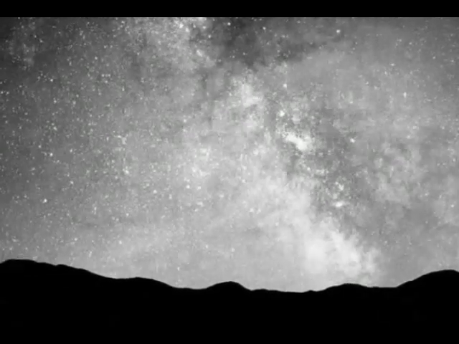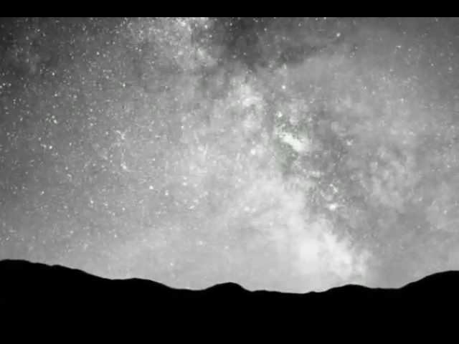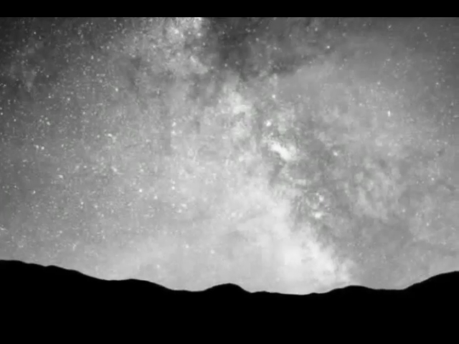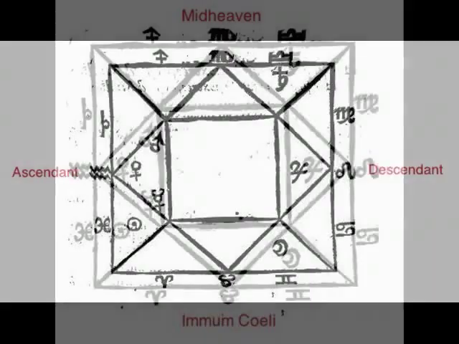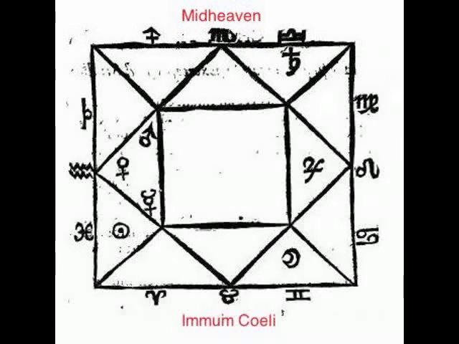The eastern and western horizons are located on the square chart in this way. The ascendant is in the east, the descendant in the west, although in the southern hemisphere this will be reversed. The midheaven and the imum coeli, the higher and lower heavens, corresponding to north and south, up and down a vertical axis, are marked in this way.